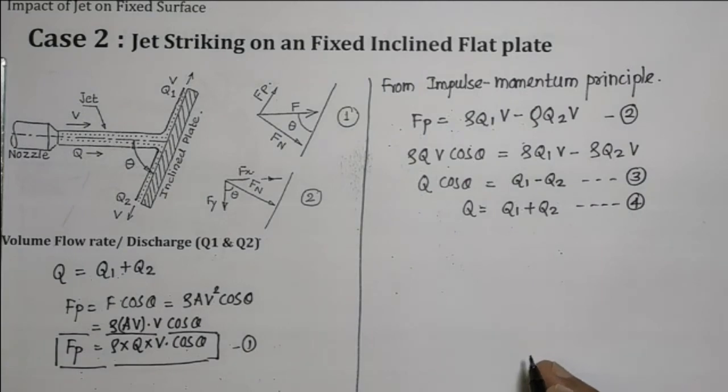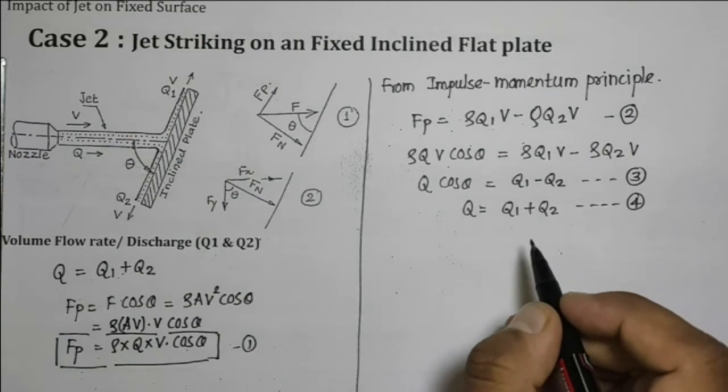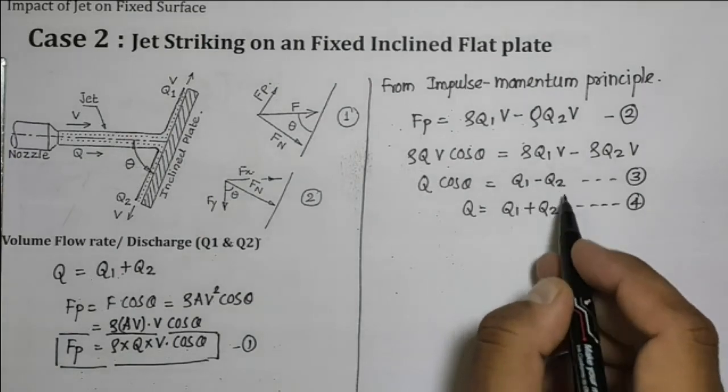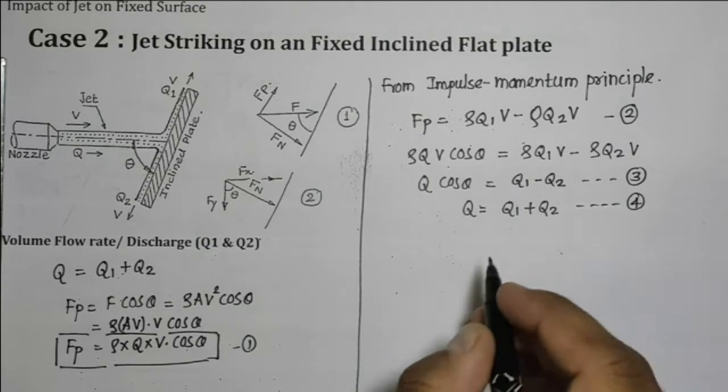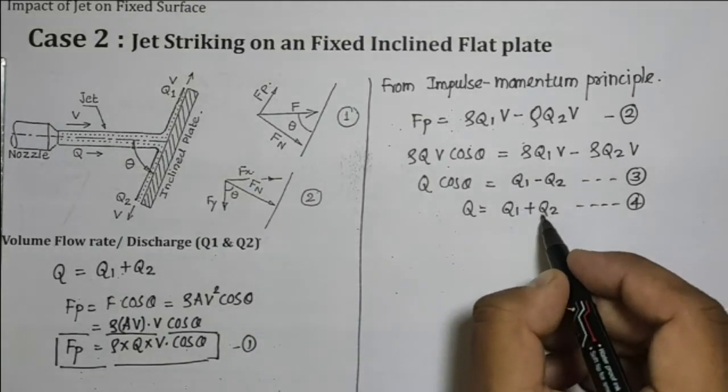Now we will try to solve these two equations for individual Q1 and Q2. If we add equation 3 with 4, we get the value of Q1, because Q2 gets cancelled out.